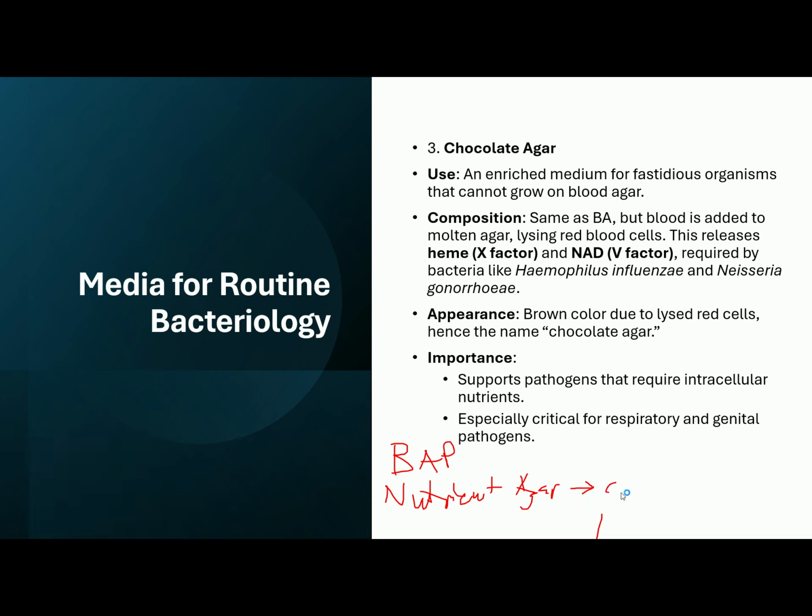Then you let it cool, siguro mga 50 degrees centigrade. Then you add blood. Now, since cool yung temperature, it would not cause lysis, maintaining the red color of the RBC. But if it's CAP naman, you would use nutrient agar.